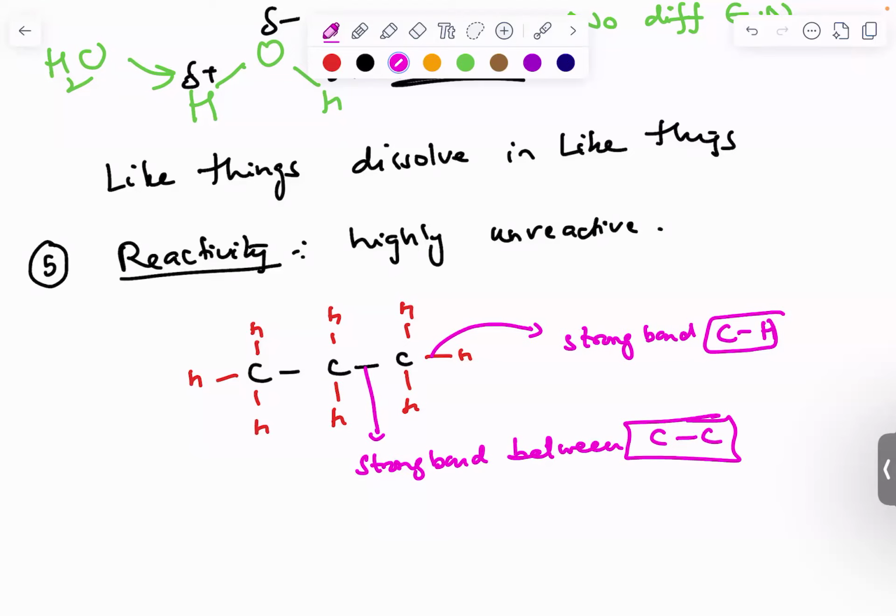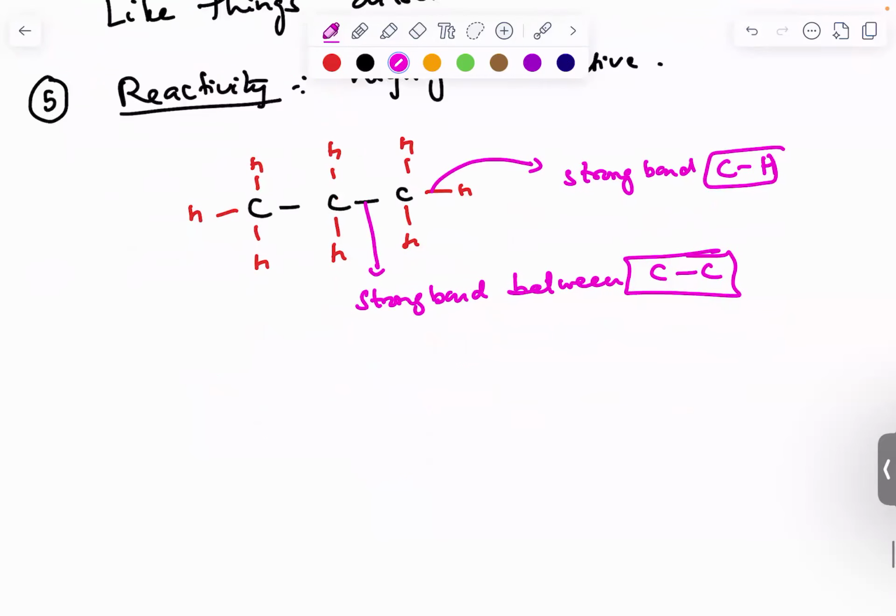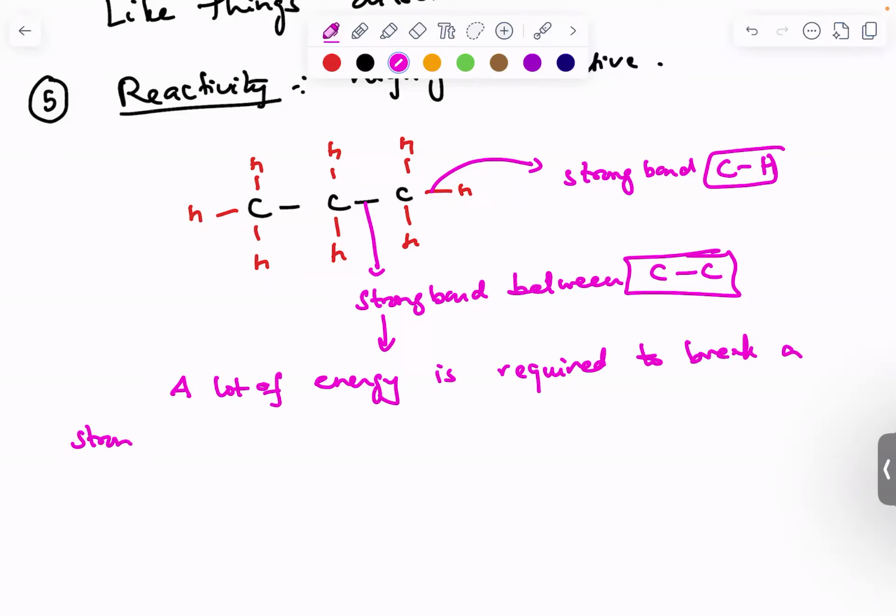Why is this so? Because you know what? If the bonds are strong, then what is going to happen? A lot of energy is required to break a strong bond.